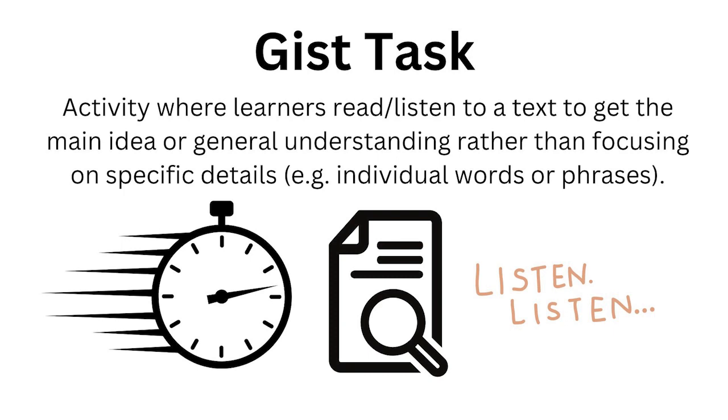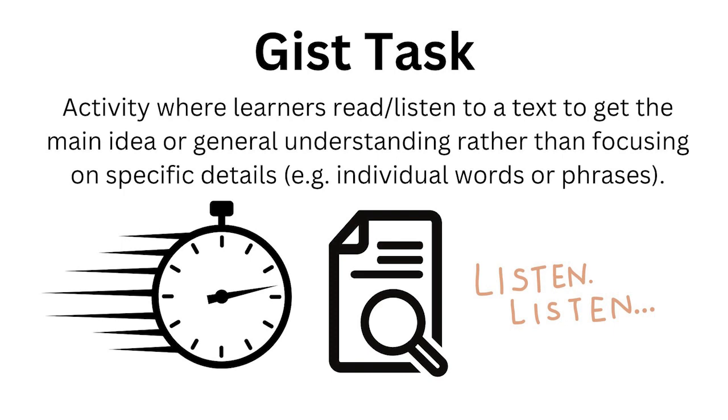Now, the definition of a gist task is an activity where learners read or listen to a text to get the main idea or general understanding rather than focusing on specific details. So basically, you would get your students to listen to or read an article, and you would give them a very, very short time to read or listen to an audio.